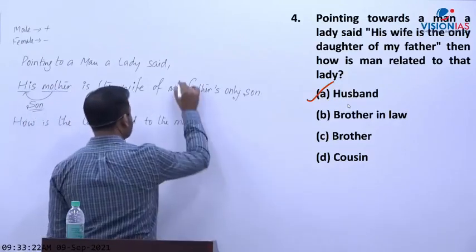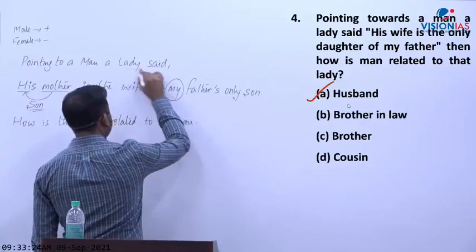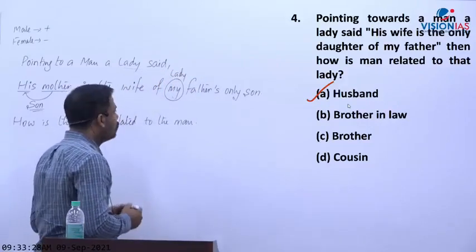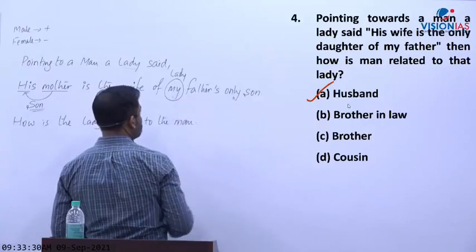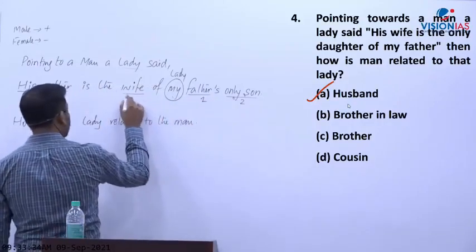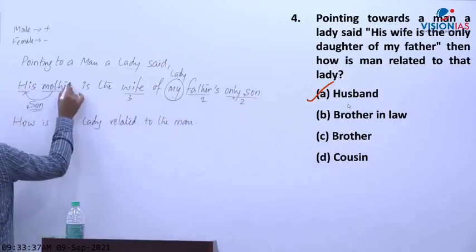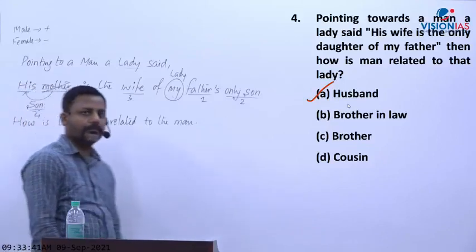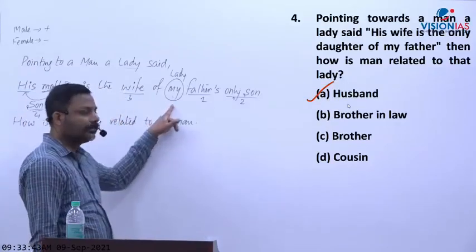Now come at this particular point. My means who? Lady. So lady's father's only son, wife, and now we will consider son over here. So let's make the chain of relationship.